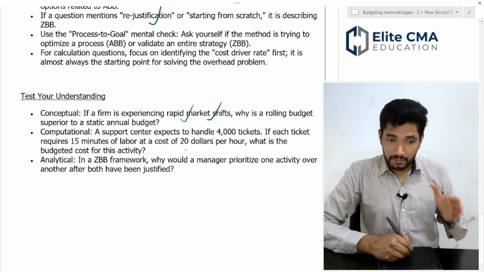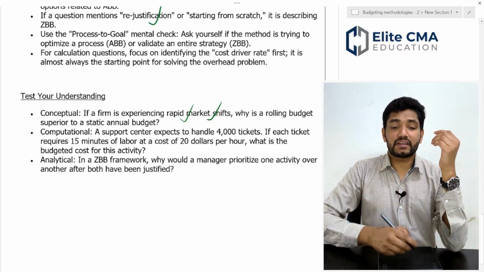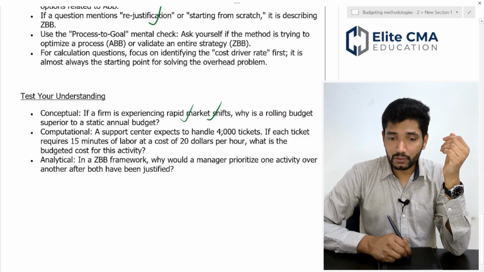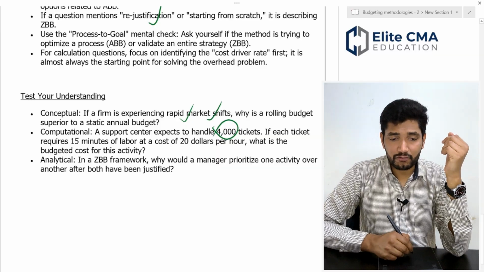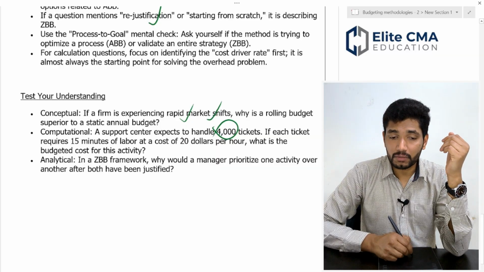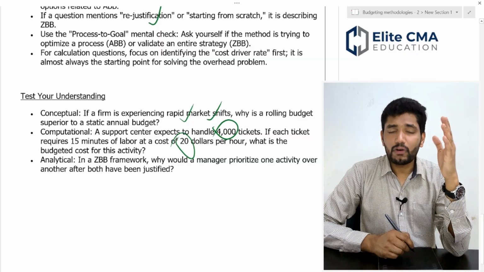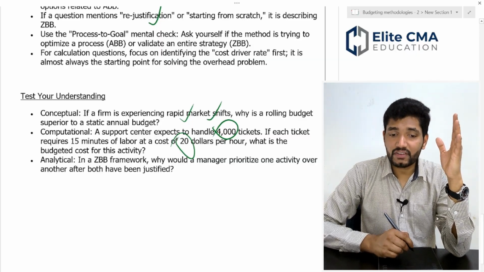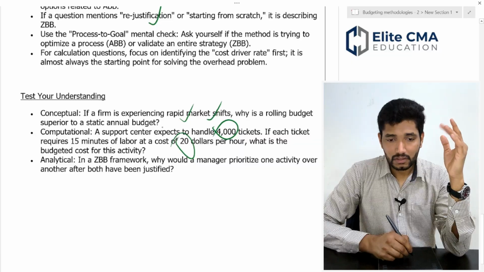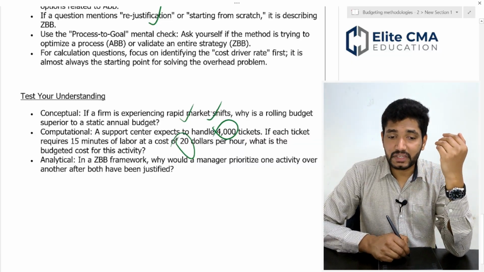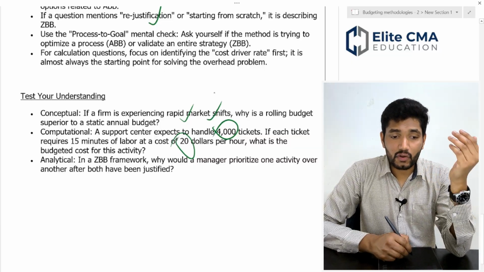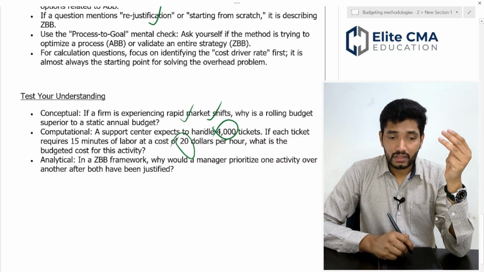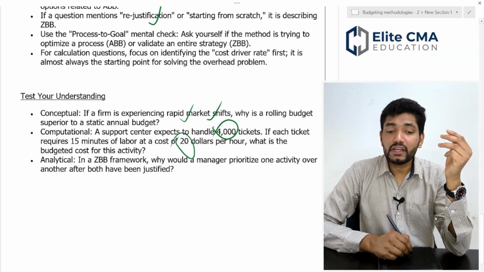Let's move to case number 2. A support center expects to handle 4,000 tickets. If each ticket requires 15 minutes of labor at a cost of $20 per hour, what is the budgeted cost for this activity? Here the activity level is 4,000 tickets. Each ticket requires 15 minutes of labor at $20 per hour.